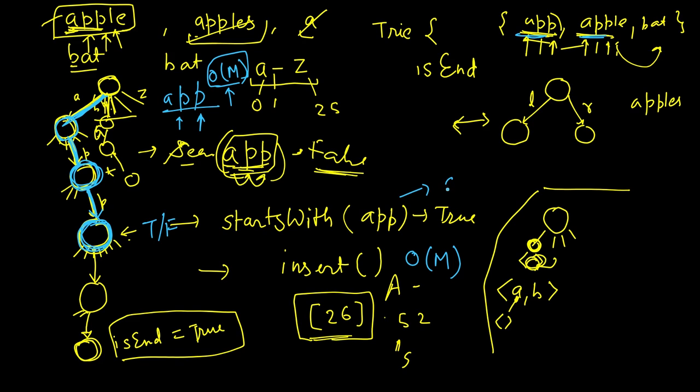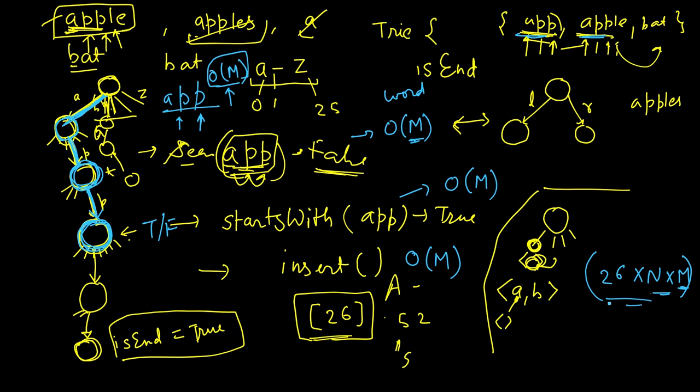So it's again order of m. So all of these are order of m, where m is the length of the search term or the word that we are inserting or searching. And space can be, for each node we have 26 children, so 26 times, let's say there are n words and each word length is m. You can take some average number.